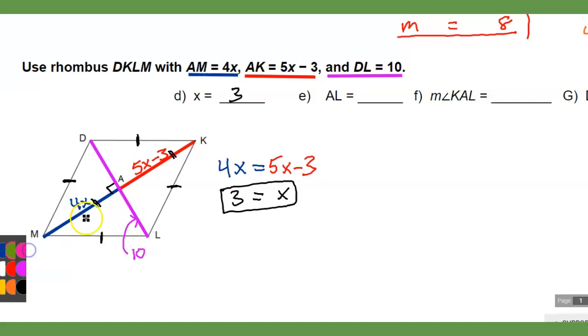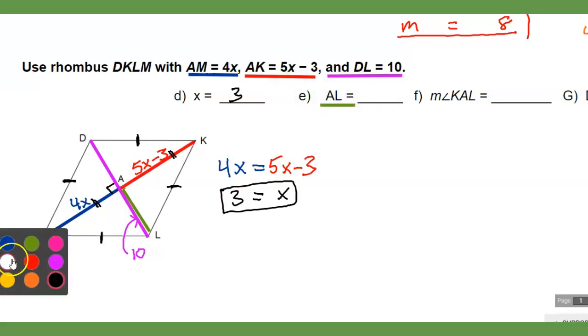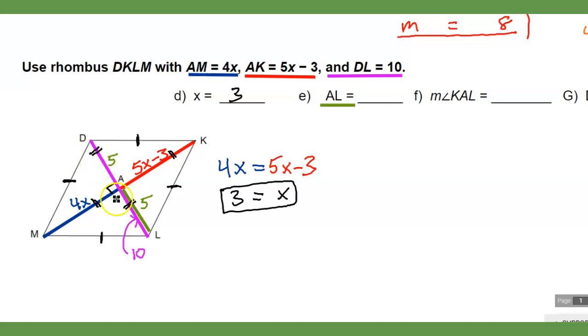Let's go green. So if I want to find just AL, right here, from here to here, what will that equal and why? Now, that'll be 5, right? Because, once again, because it's a parallelogram as well, these two sides are bisected, they're equal. So if the whole diagonal is 10, that means each one of those has to be 5.